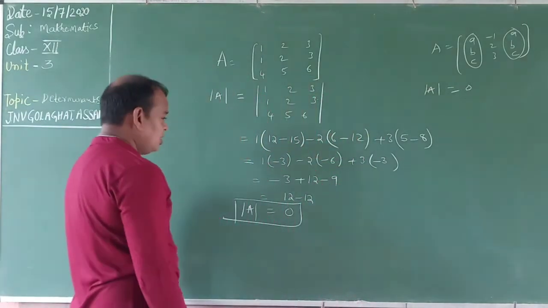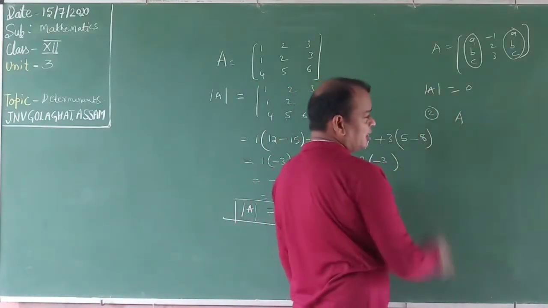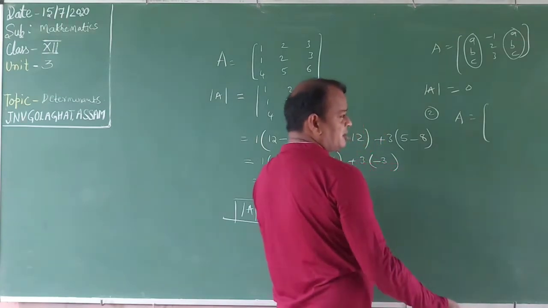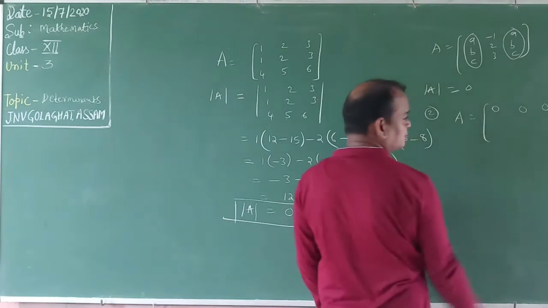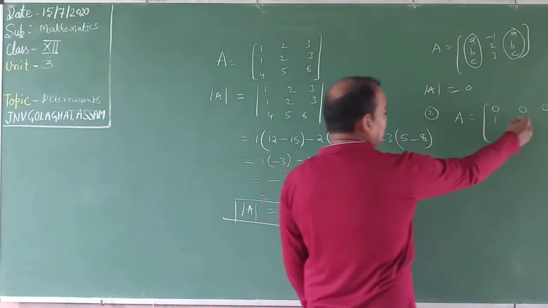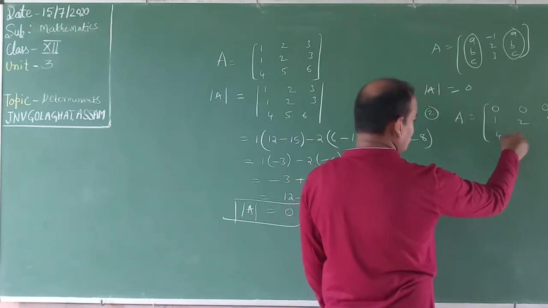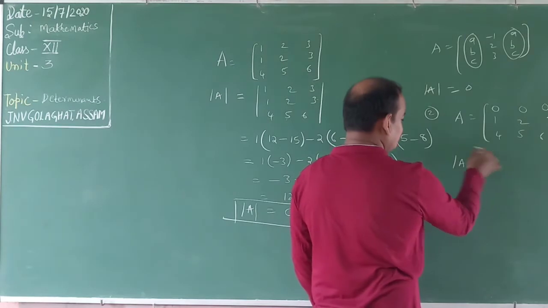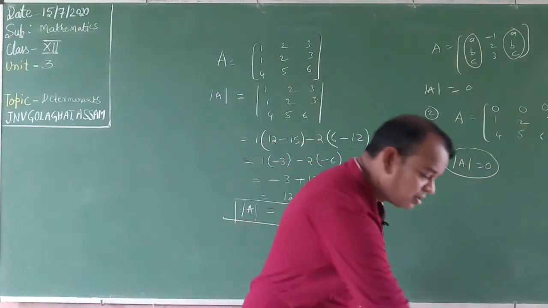Now, second property. In any square matrix, if either one row or one column is all 0, then the determinant of the matrix must be equal to 0.